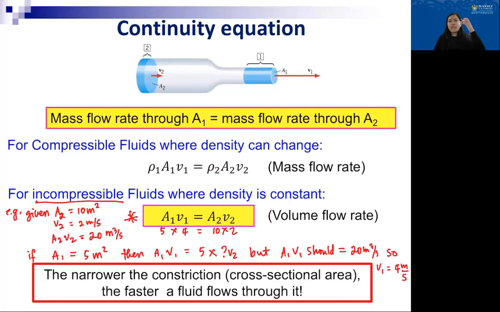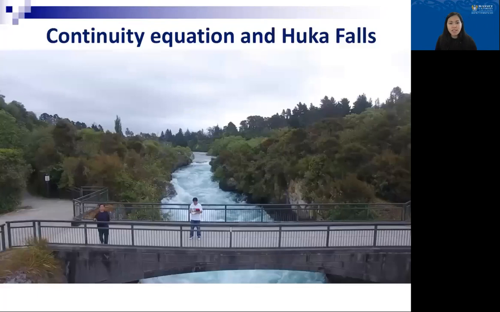Sometimes you can think of it as, it's so narrow, so constricted, that the fluid needs to flow faster so that it can accommodate all of the fluid that needs to flow through this narrower section of the pipe. And a good analogy of this is Huka Falls.